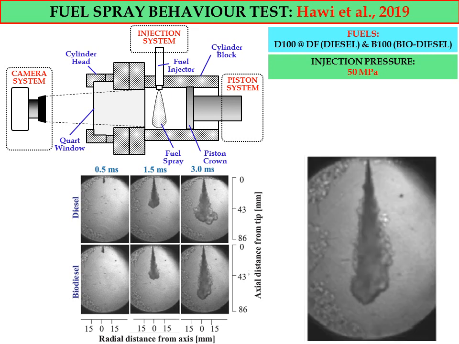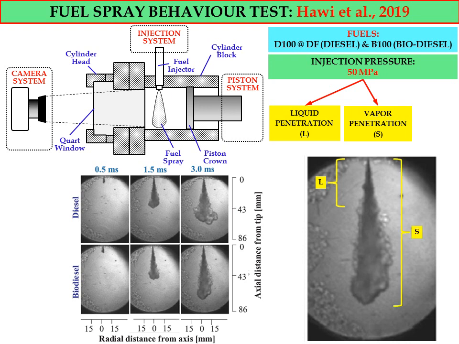From the photo in this investigation, as shown in the figure in the slide, Hawi et al. measured the liquid penetration, represented by L, vapor penetration, represented by S, and also the cone angle value, theta.